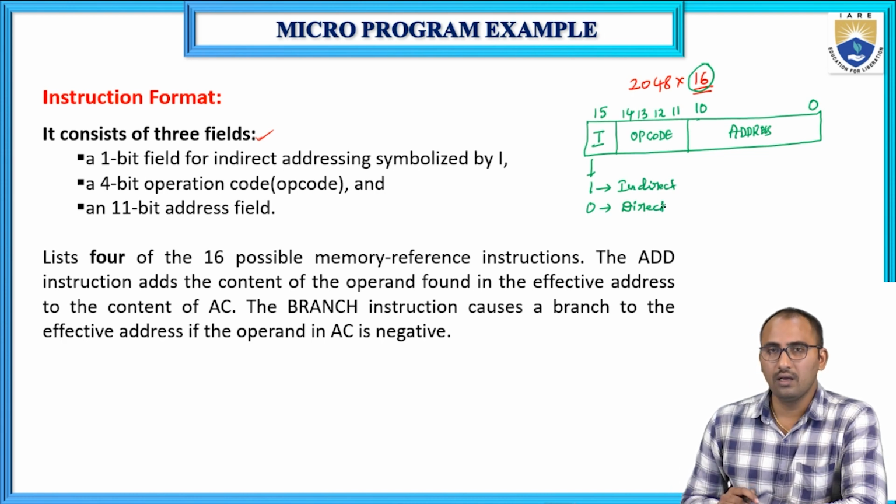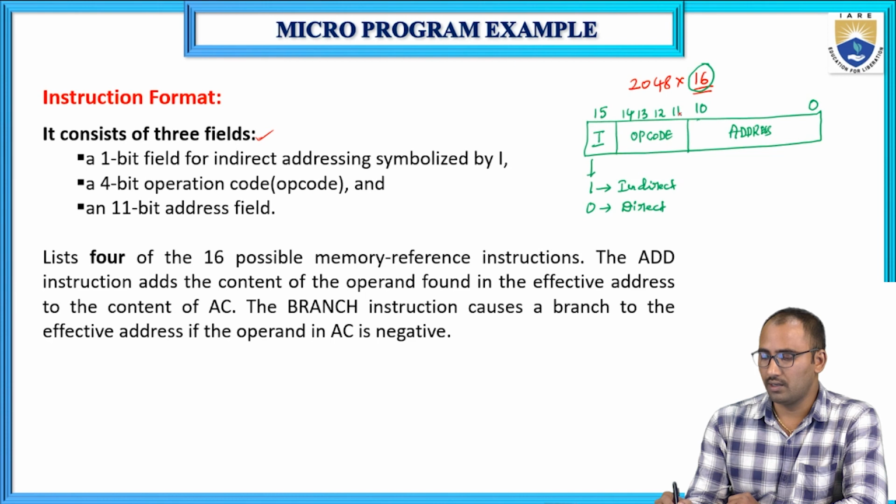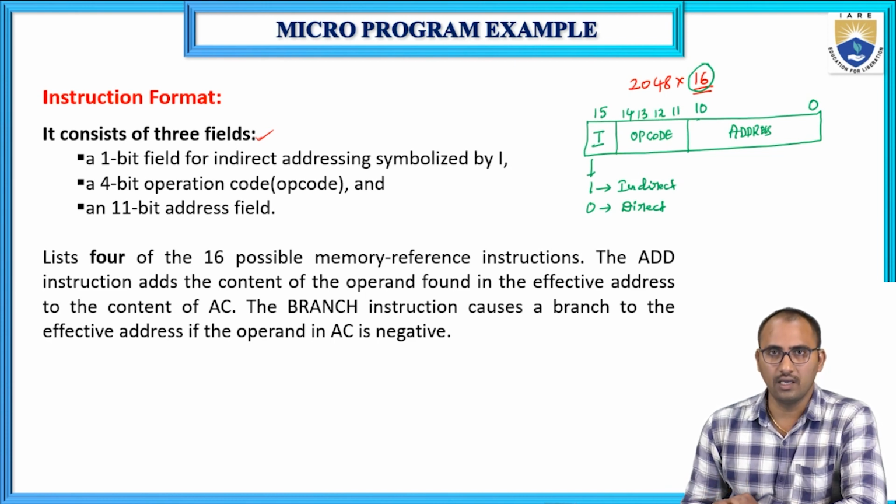And coming to the opcode. Already we know that in the opcode field 4 bits are there: 11, 12, 13, 14. So using those 4 bits, we can perform 16 operations.